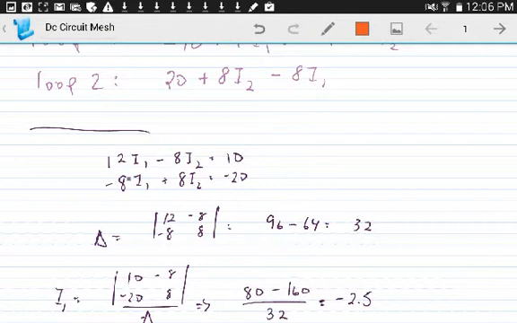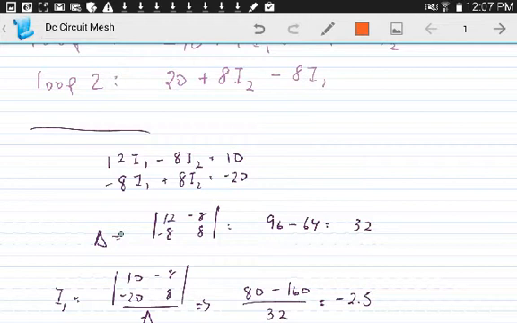To get the matrix, your like terms have to line up: my I1s lined up here, my I2s here, my voltages there. The left-hand side coefficients are 12, -8, -8, and 8.